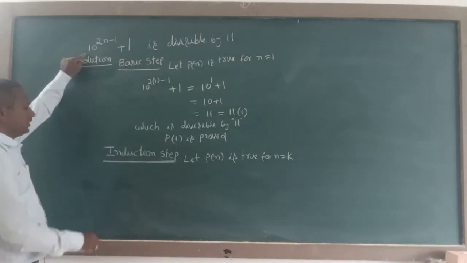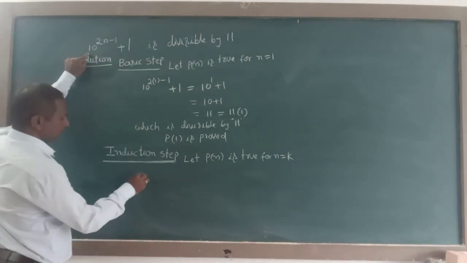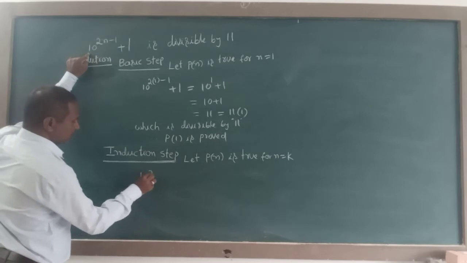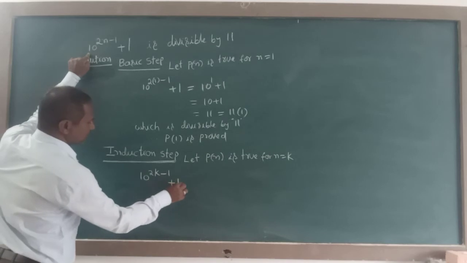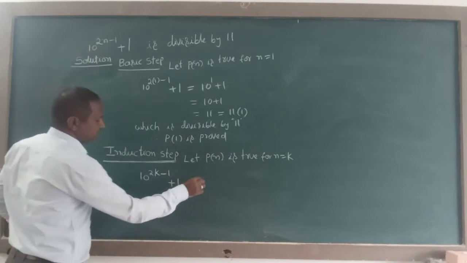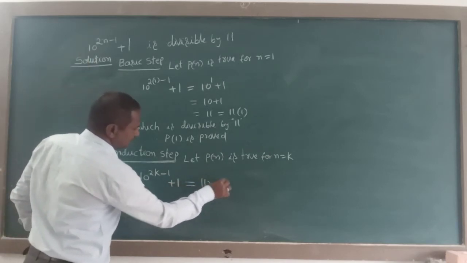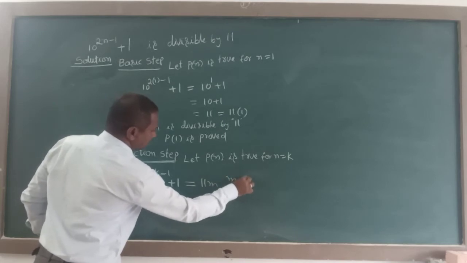Instead of n, we substitute k only. That is, 10 to the power of 2k minus 1, plus 1, is equal to 11m, where m belongs to N here.